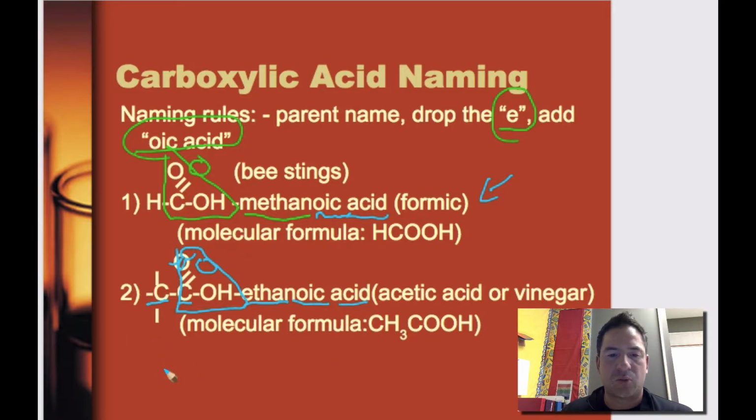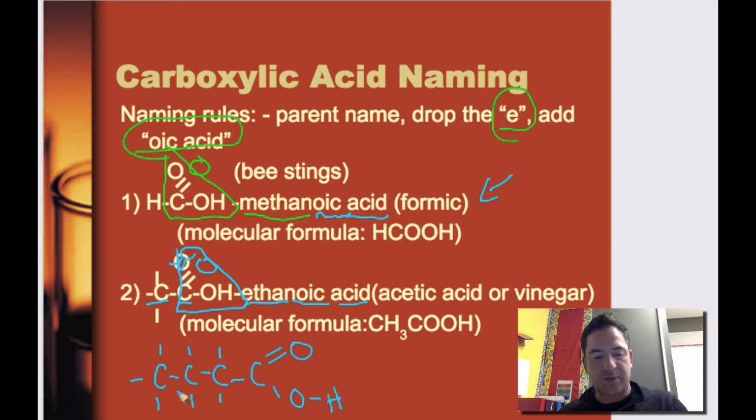So if I was to draw one more, I have a carbon, carbon, carbon, carbon. All of these would have bonds on them here, and hydrogens bonded to it. And then here I have this. So what would I name this one? Well, first I have to look over here to my carbons.